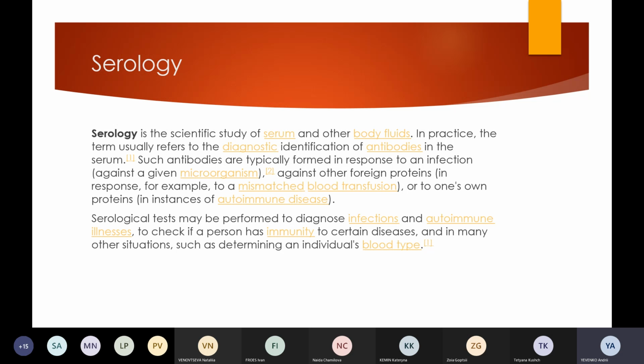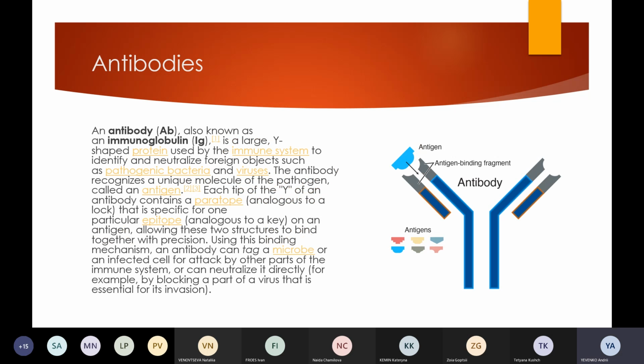COVID-19 causes our body to produce antibodies, and an antibody is like a key to a lock. Imagine COVID-19 as a lock and our antibody as a key to this lock. So when a virus enters our body, we recognize it with the help of antibodies.